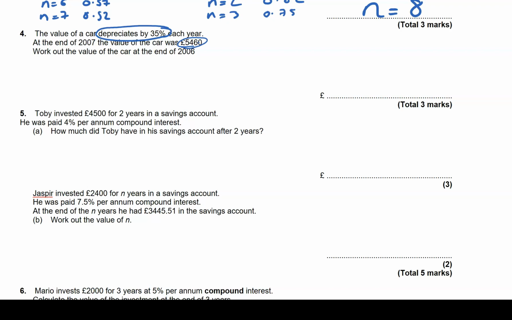Because we've got the 2006 price, so the 2000 price times 0.65 for the 35% depreciation has to end up with 54,000. Well, that's a bit of an expensive car. 5,460. So the price would have been 5,460 divided by 0.65.